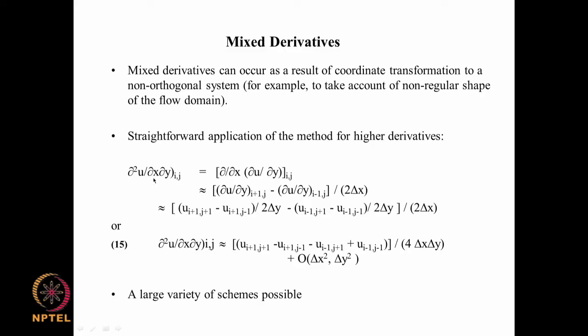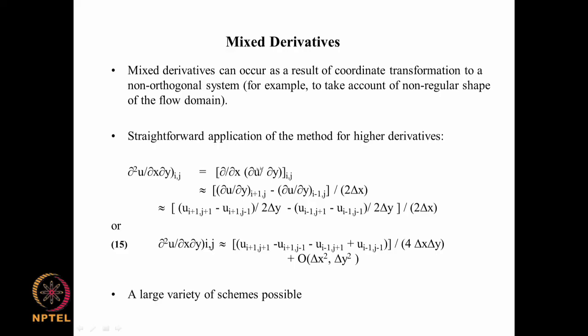Because there are 2 independent variables x and y, spatial variations, we usually use I for the index in the x direction and j for the index in the y direction. So, using that we can now write dou square u by dou x dou y, assuming a continuous function and all that, as dou by dou x of dou u by dou y at point ij.